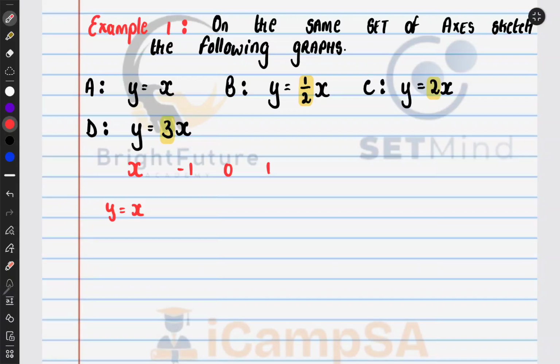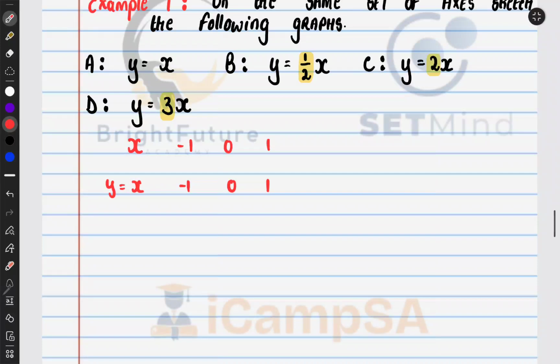We're going to have the values -1, 0, and 1. The second function, let's use blue, is y is equal to 1/2 times x. So -1 times 1/2 gives -1/2, 0 times 1/2 gives 0, and 1 times 1/2 gives 1/2.